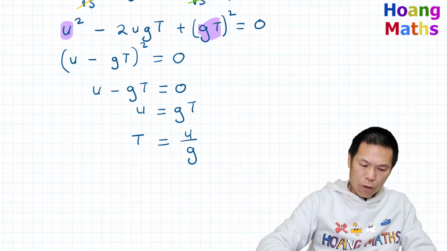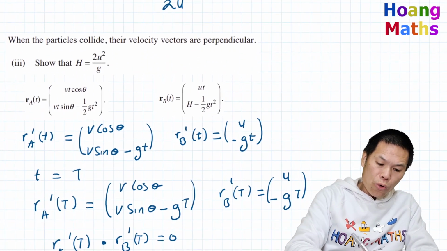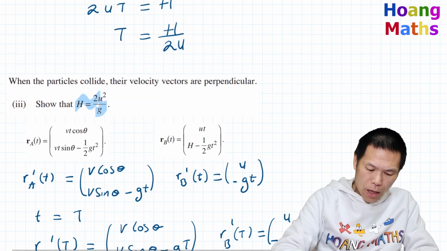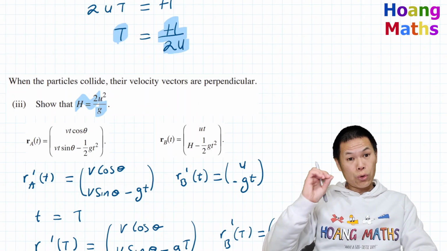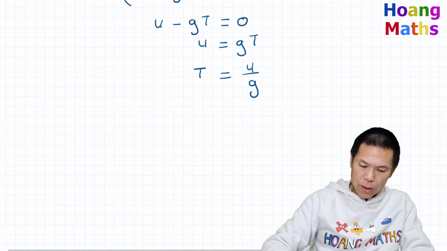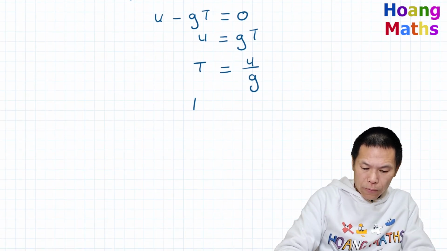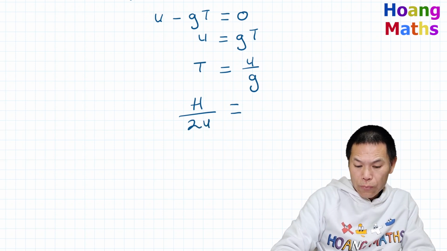So there you go. But then we know that we need to show h is this. And we know that T is h over 2u. So T is h over 2u, that is equal to u over g.